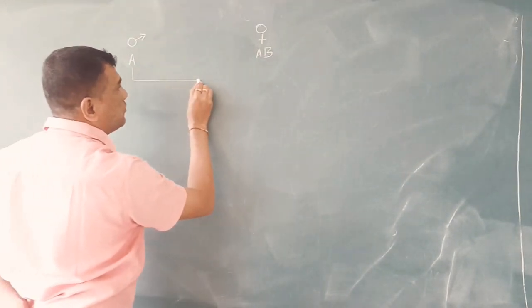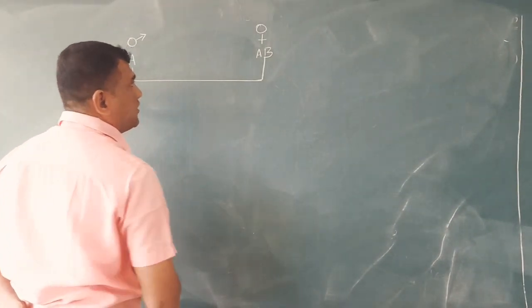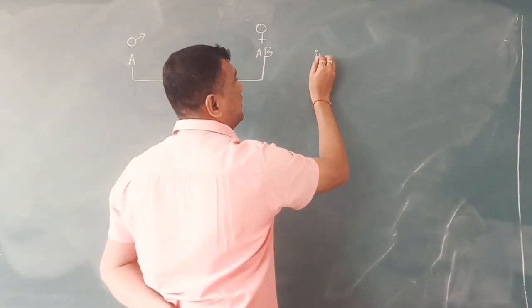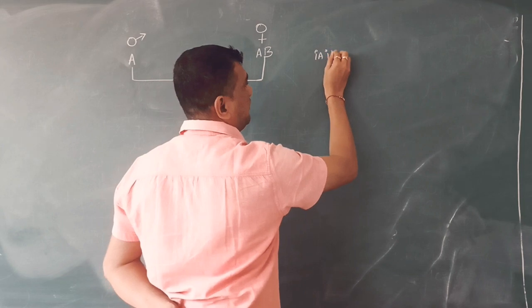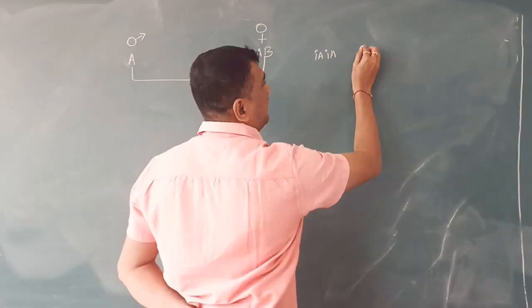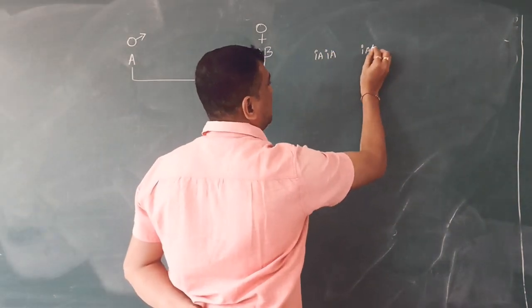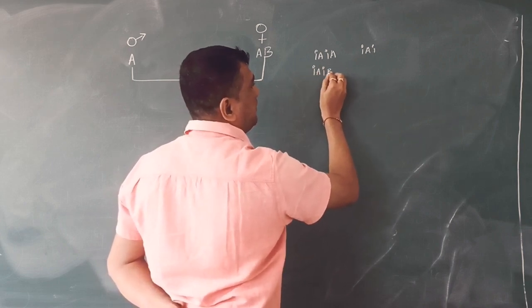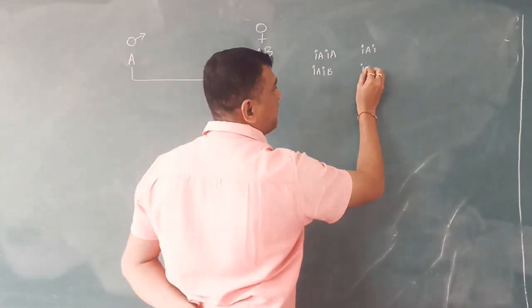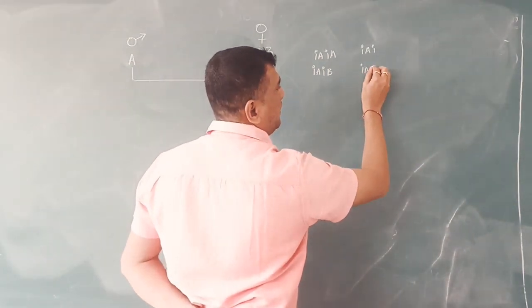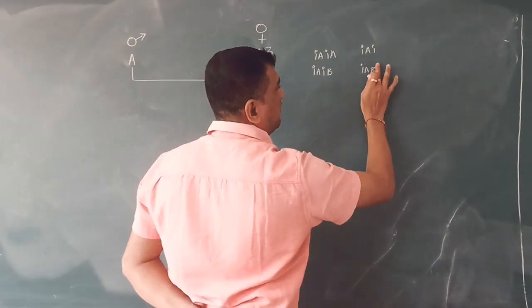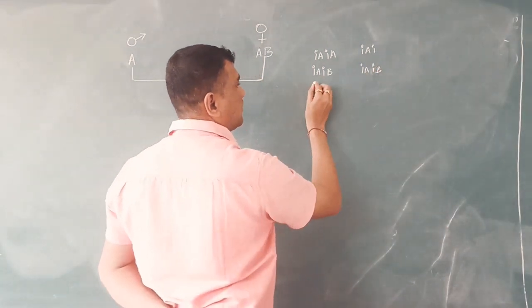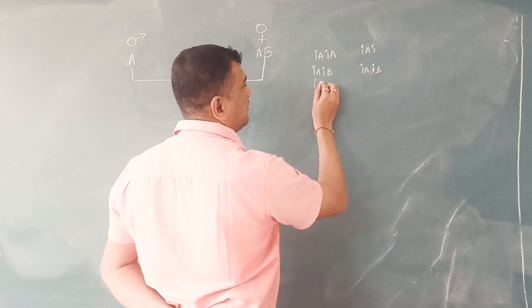And these are going to get the child according to the Punnett square. You can see IA, IB, or IA and IB.